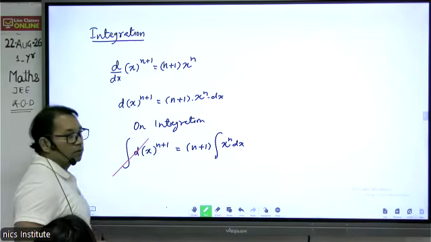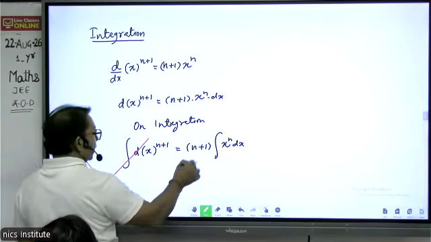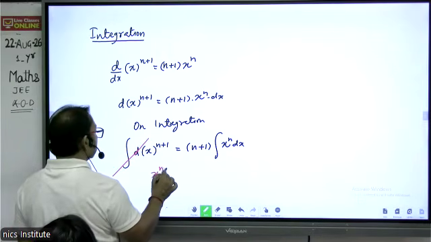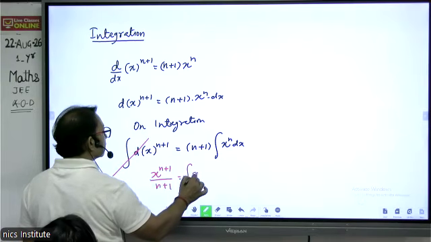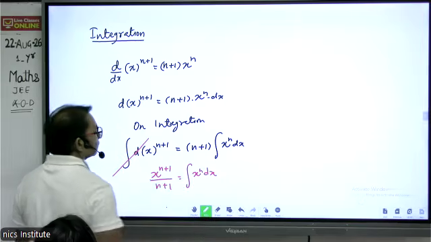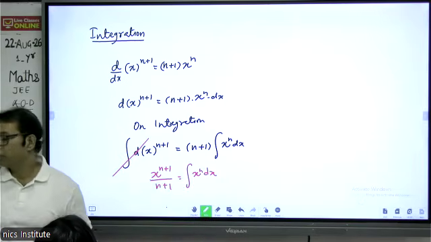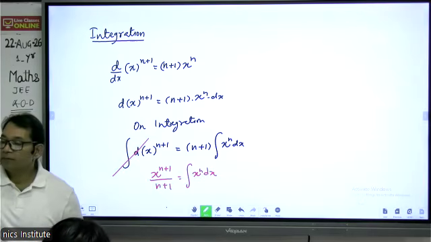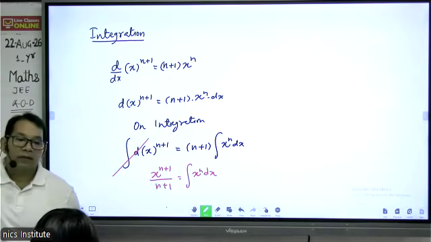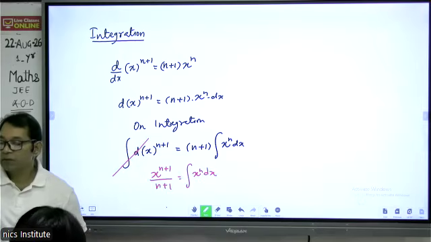They will cancel out. You bring n plus 1 in the denominator, and that's how you get the first formula for integration. This is integration of x to the power n.